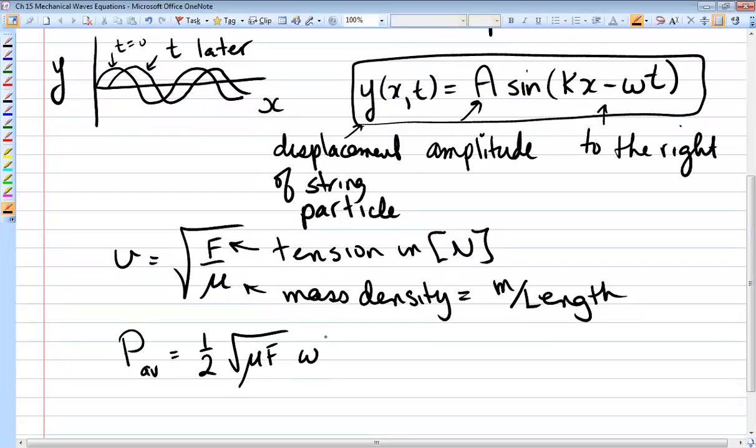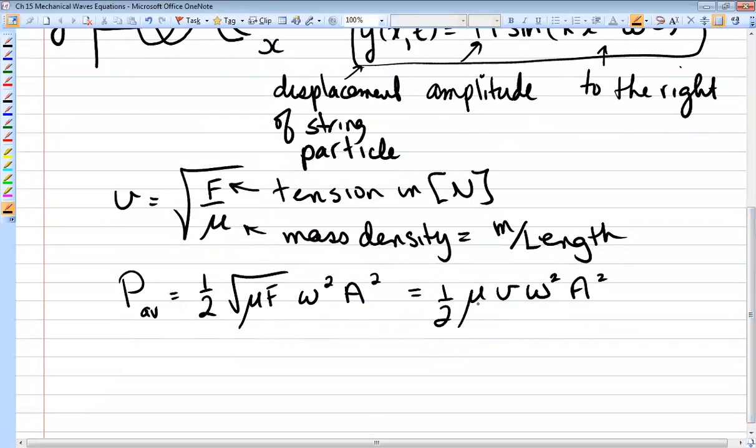If this was some other kind of wave, like a water wave or a sound wave, obviously you wouldn't have tension. So another good way to write this for other waves is one half mu v omega squared A squared, where v is the speed of the wave. So it depends on amplitude, angular frequency, velocity, and, for a string, the linear mass density of the string.